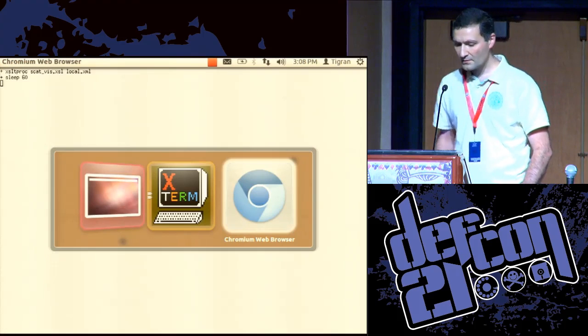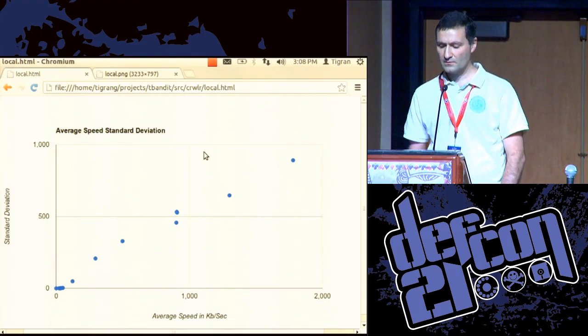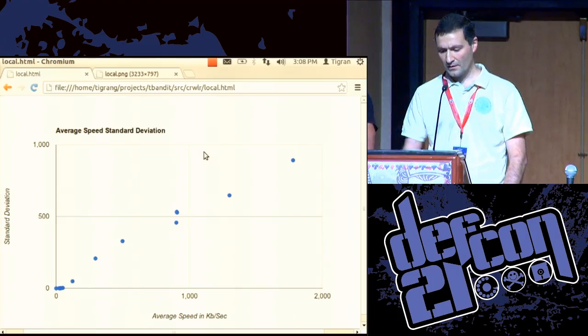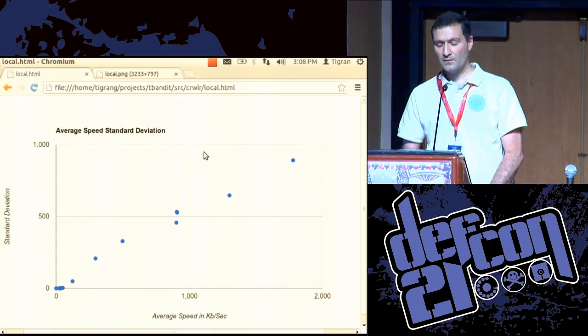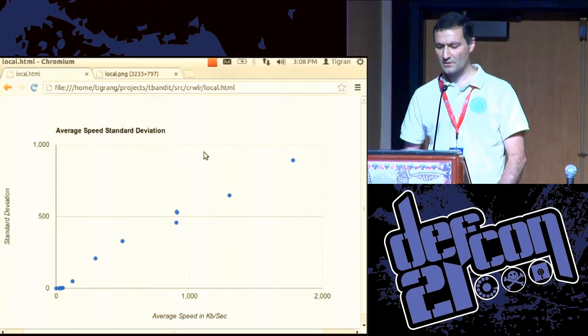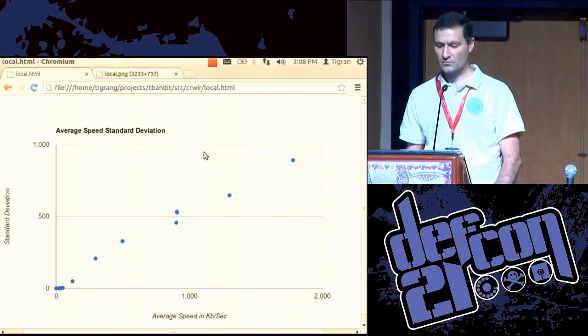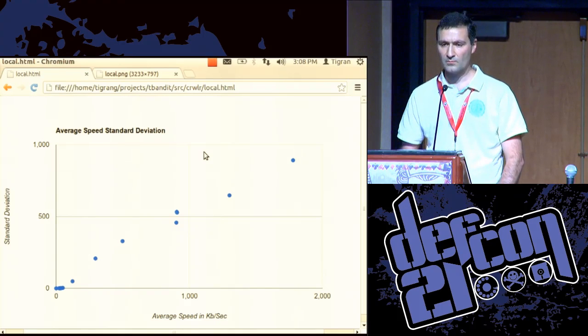So you'll see a scatter chart of download speed and standard deviation. And there are 4 quadrants here. The top 2 quadrants are the resources that have high standard deviation, which means that the measurements were inaccurate. So since we cannot trust these resources, we throw them away. Instead, we concentrate on the resources on the bottom half.